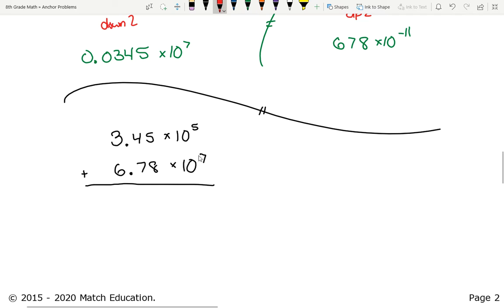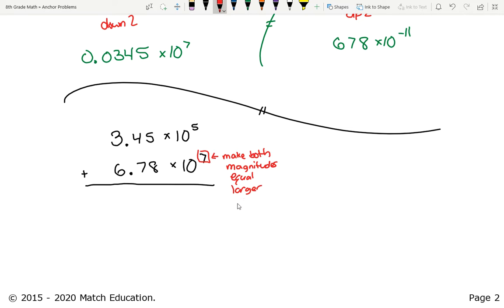So look for the larger one. The 7 is larger than 5. Make both magnitudes equal the larger. Okay, you want to make both magnitudes equal the larger.